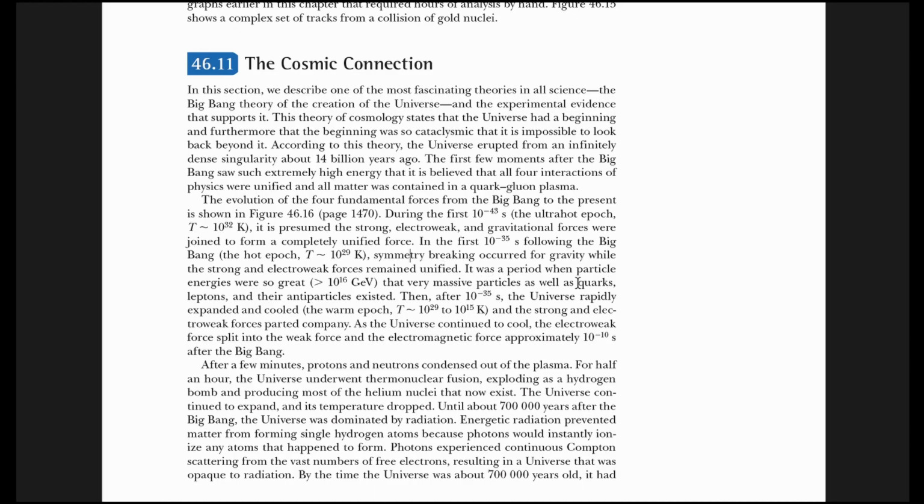It was a period when particle energies were so great, 10 to the 16 gigaelectron volts, that very massive particles, as well as quarks, leptons, and their antiparticles existed. Then, after 10 to the negative 35 seconds, the universe rapidly expanded and cooled, the warm epoch, 10 to the 29 to 10 to the 15 Kelvin, and the strong and electroweak forces parted company.